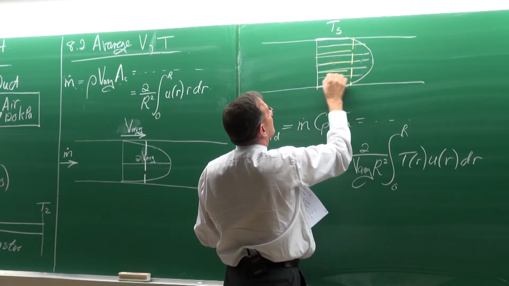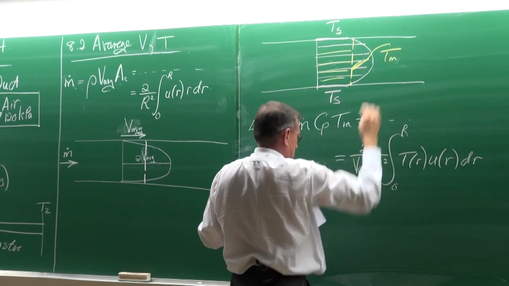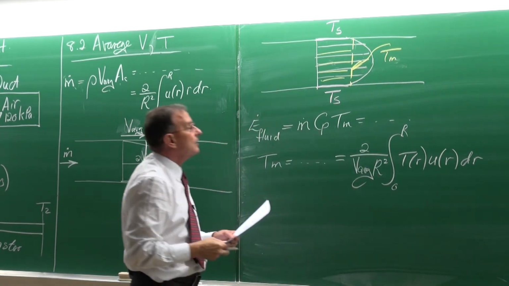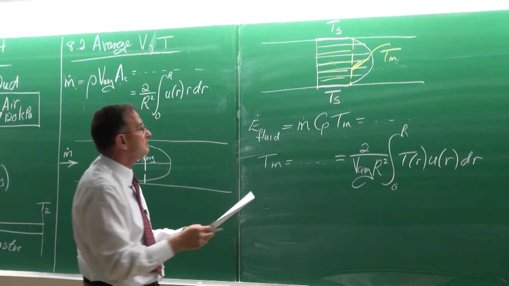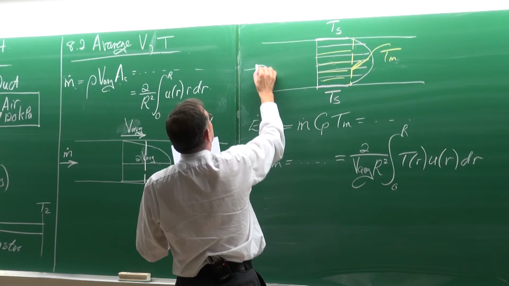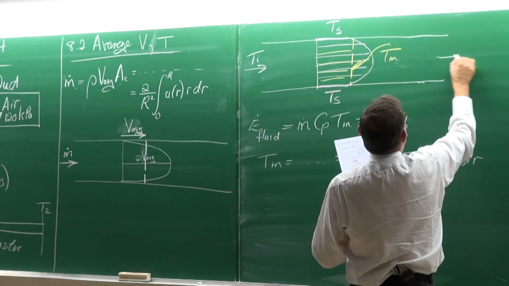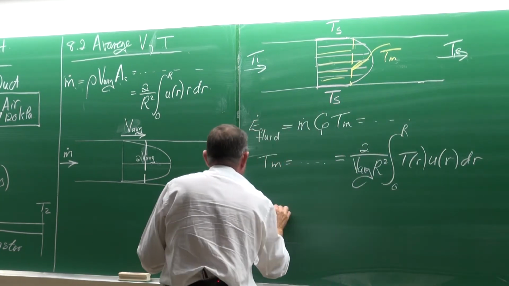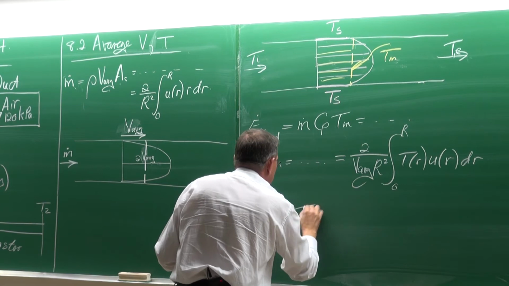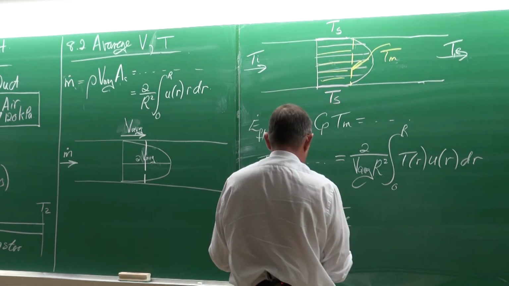So the yellow is called Tm, the mean temperature, which is different from the bulk temperature. The bulk temperature uses T inlet and T outlet. The bulk temperature is equal to the inlet plus the outlet divided by 2.